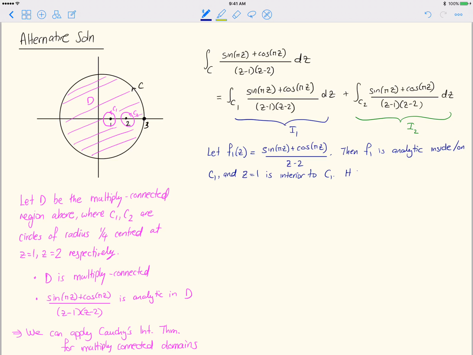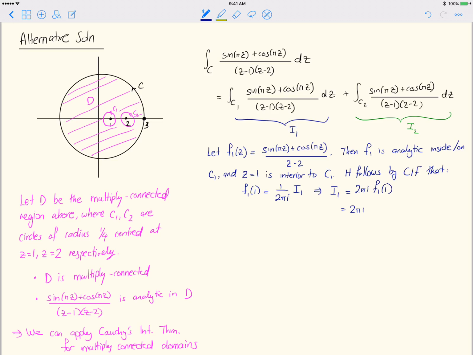So it follows by Cauchy's integral formula that f1 of 1 is 1 over 2 pi i times that integral, which we've called I1. So I1 will be 2 pi i times f1 of 1.